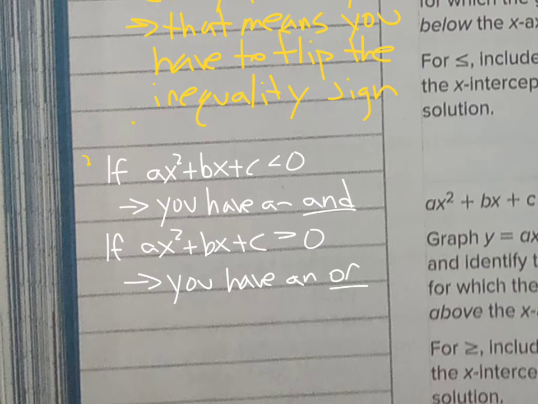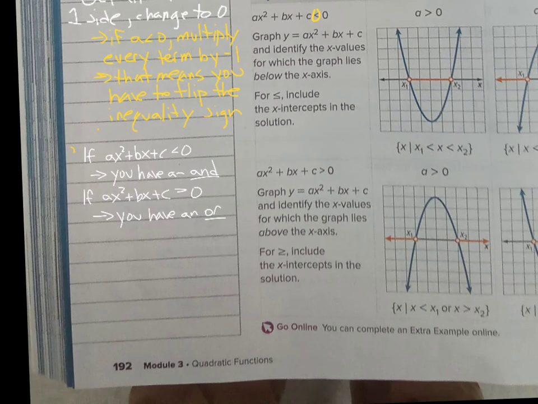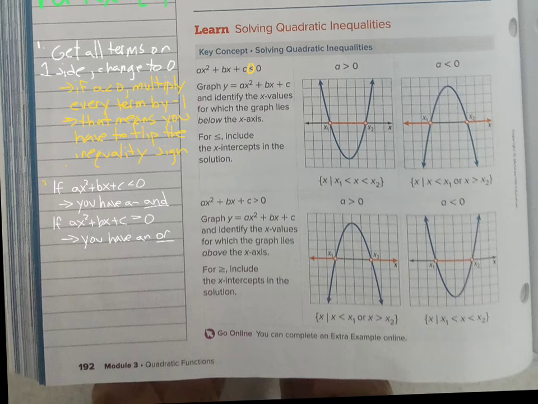If we come back over to what they're saying, this would be an and situation, and this would be your or situation. Ignore the graphs because we have made a positive no matter what.